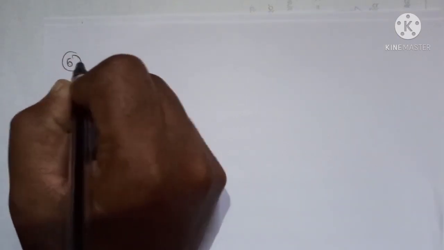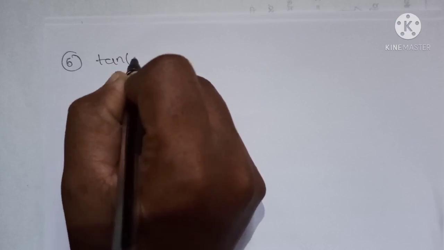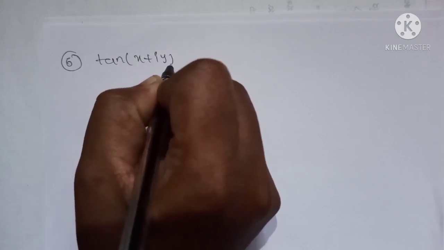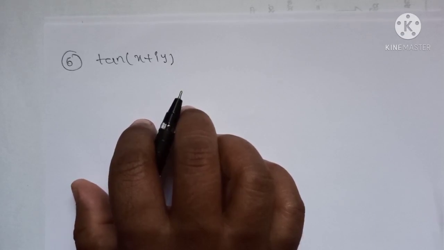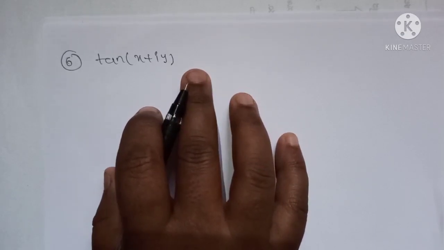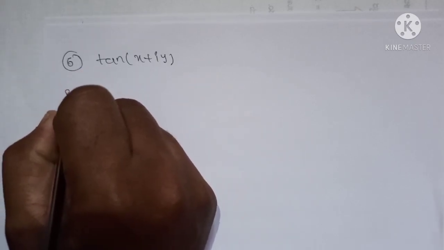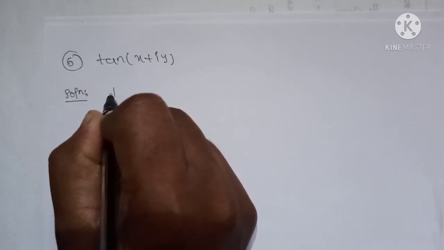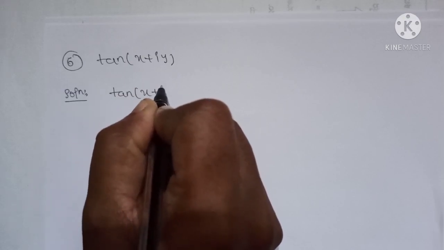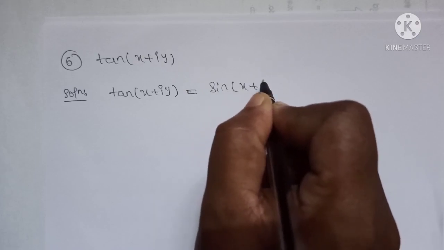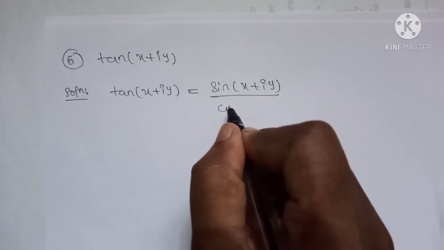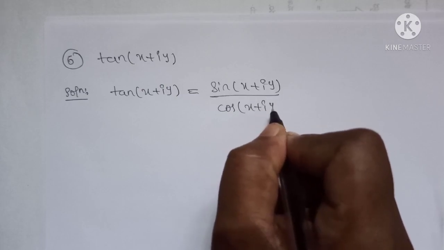Okay, next function, tan of x plus iy. So here we solve this by expressing tan in terms of sin divided by cos. Therefore tan of x plus iy can be written as sin of x plus iy divided by cos of x plus iy.